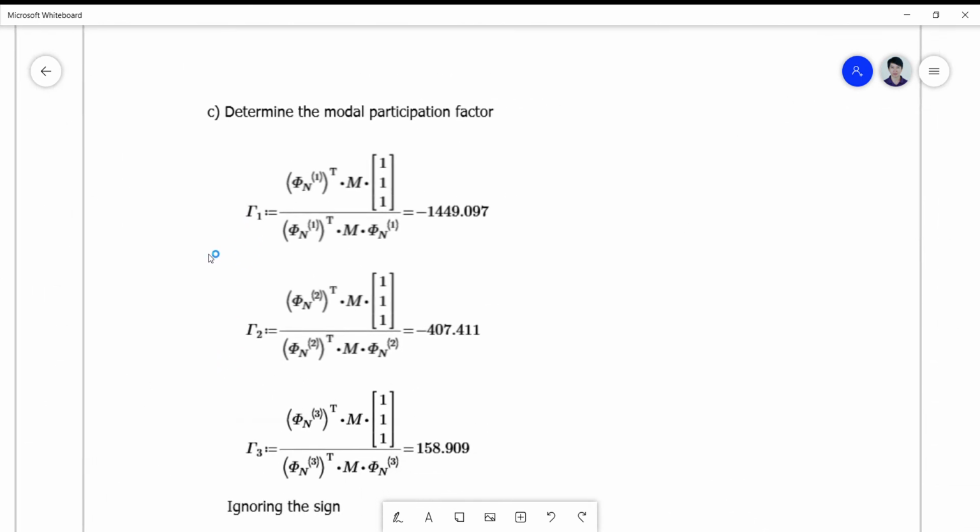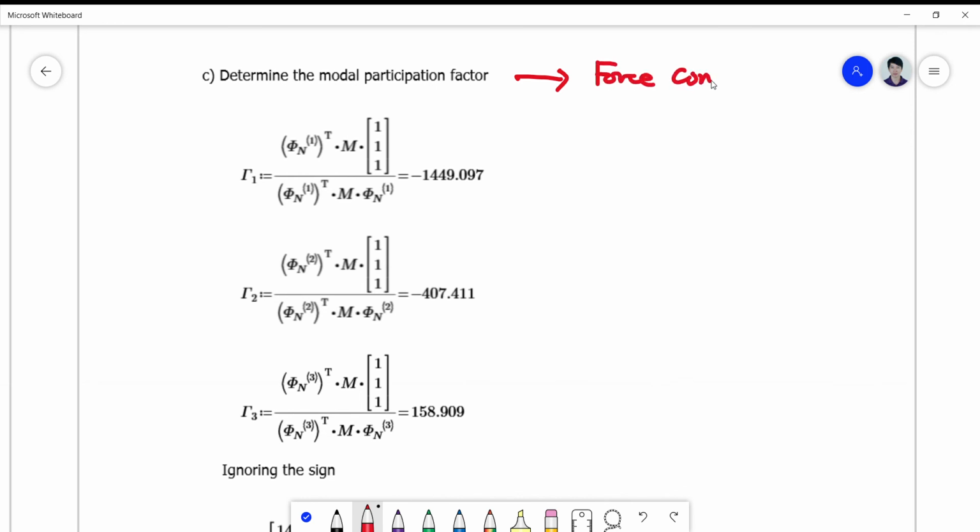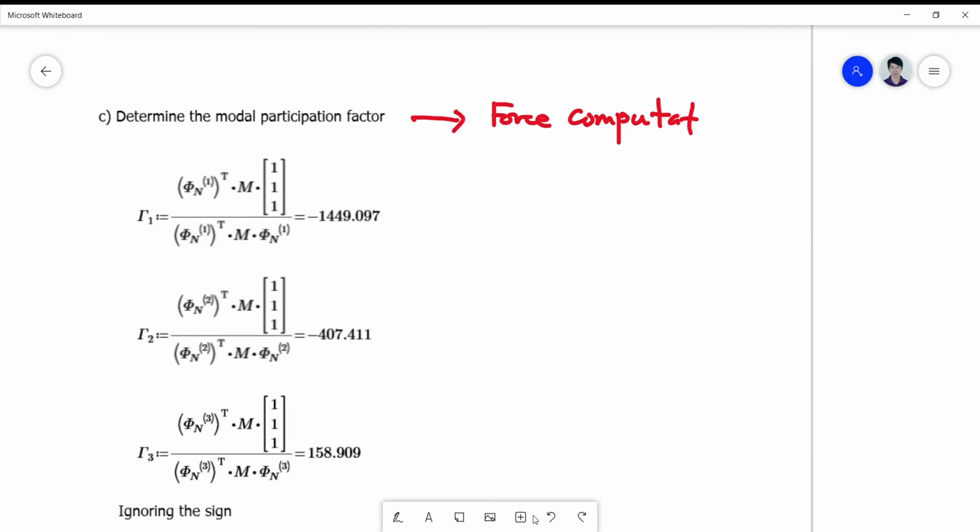And for the determination of the modal participation factor, which will be used later in the computation of your forces, it is the same as the normalization procedure.